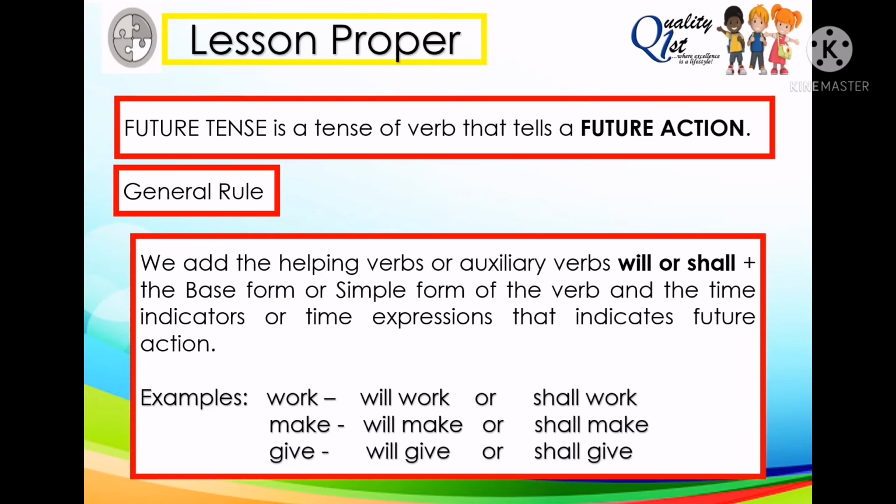That is the general rule. Again, we add the helping verbs or auxiliary verbs will or shall plus the base form or simple form of the verb and the time indicators or time expressions that indicate future action. Okay?